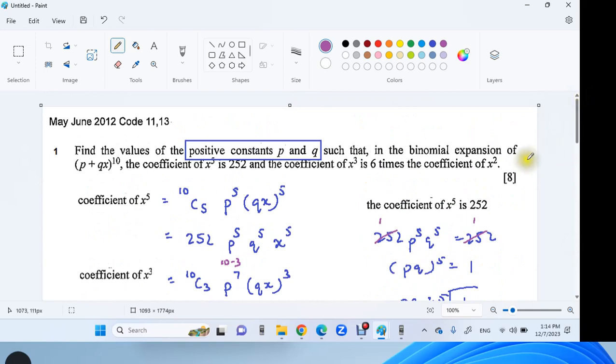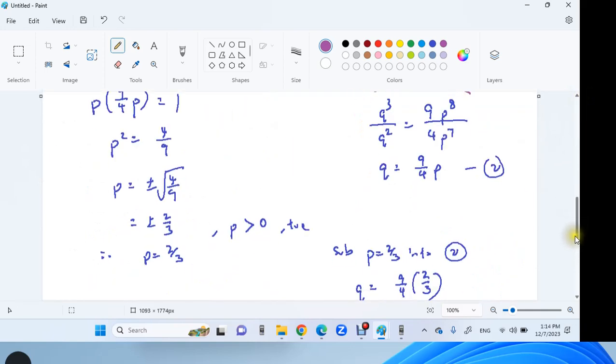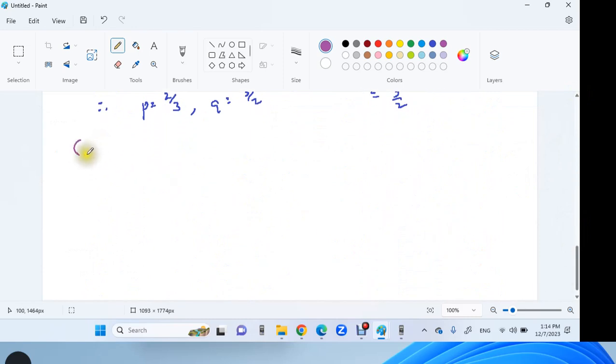I want to check the answer. This is (p + qx), so (2 over 3 + 3 over 2 x) to the power of 10.